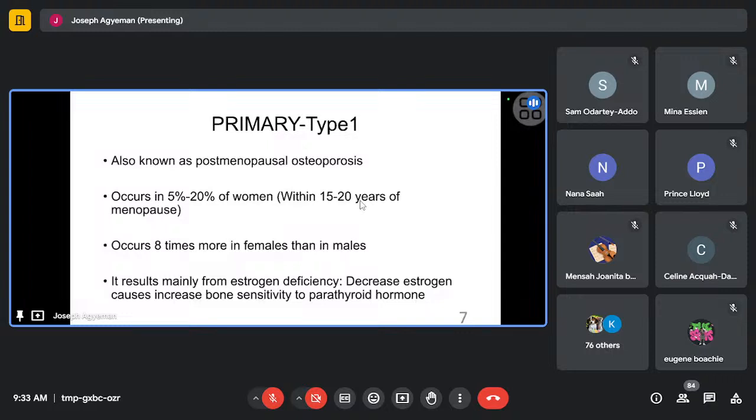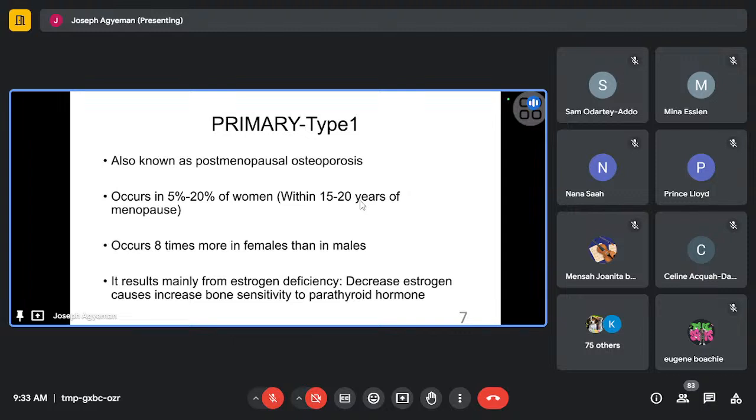Why? Because at that point, you are not having estrogen. And without estrogen, your body becomes more sensitive to parathyroid hormone. What happens if parathyroid hormone is released? It stimulates osteoclast, and osteoclast will cause bone resorption that will lead to osteoporosis.